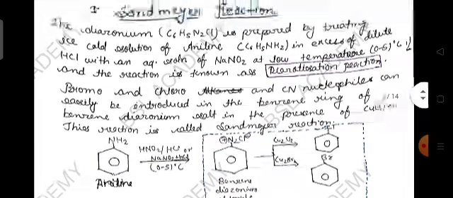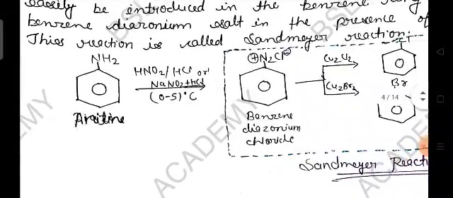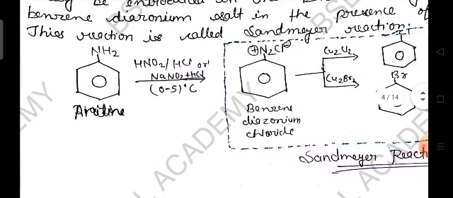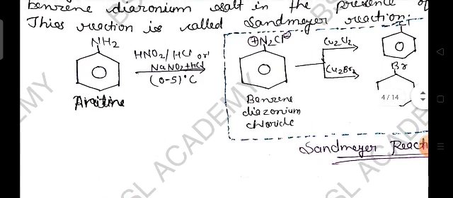Here you can see aniline changed into benzene diazonium chloride in the presence of NaNO2 plus HCl at 0 to 5 degrees Celsius. So this is your diazotization reaction.